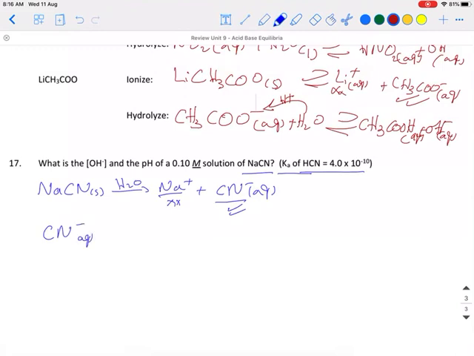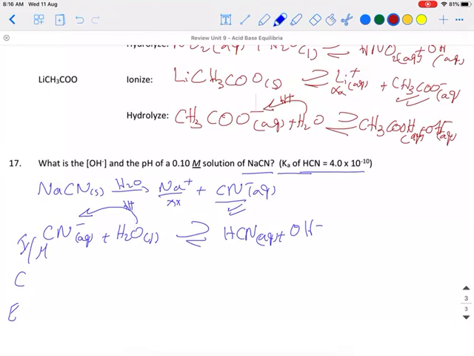So I can construct an equilibrium equation with the equilibrium table: CN minus plus water, to give, according to Bronsted-Lowry, H plus migrates from water to CN minus to give the corresponding HCN plus OH minus.